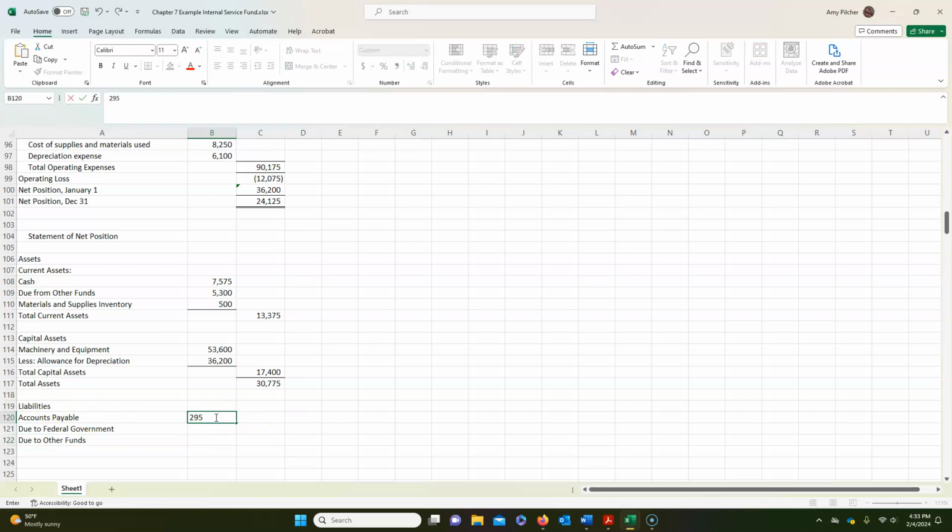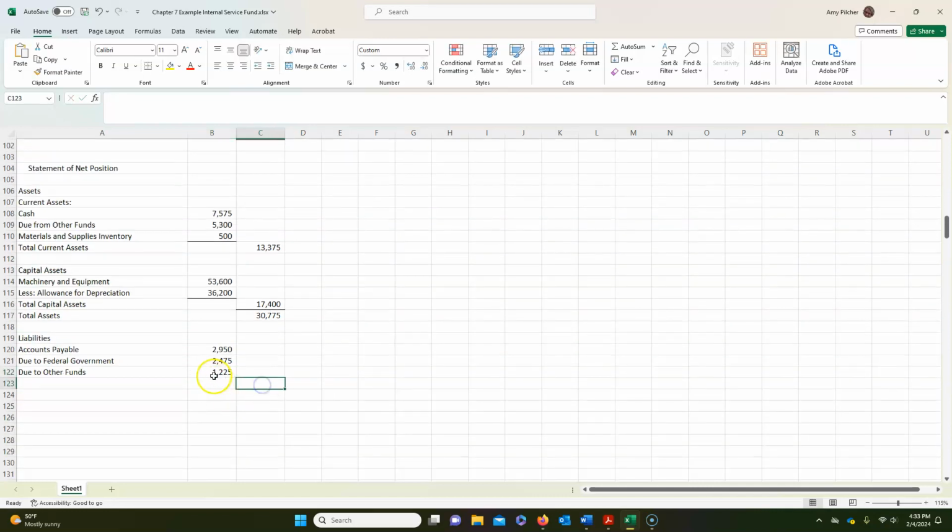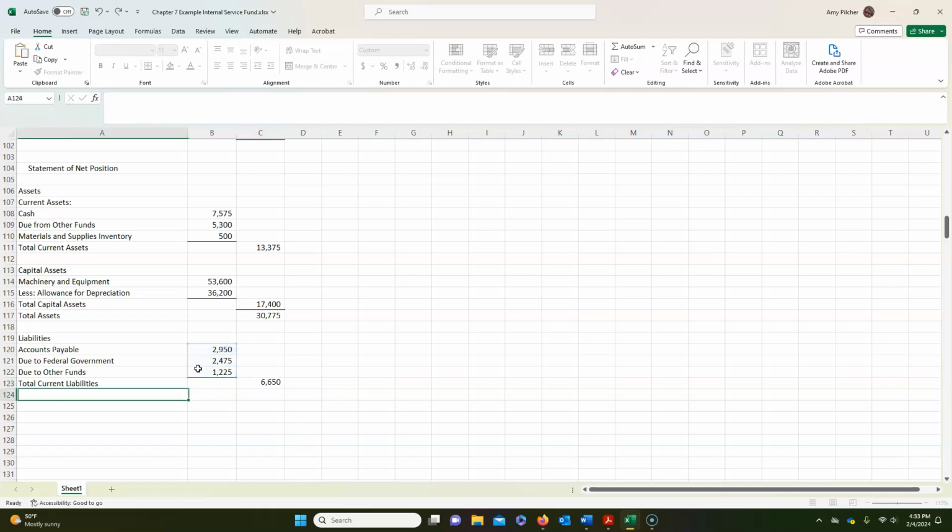So our accounts payable is $2,950, due to the federal government $2,475, and due to other funds $1,250. Our total current liabilities are $6,650. The last that we have then is our net position.